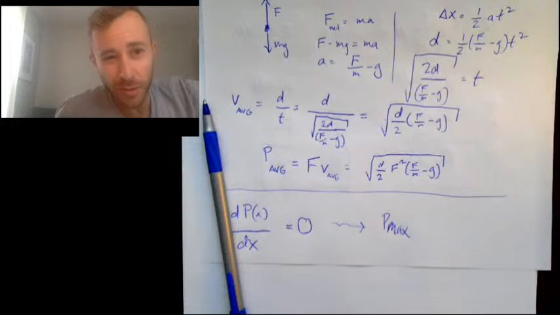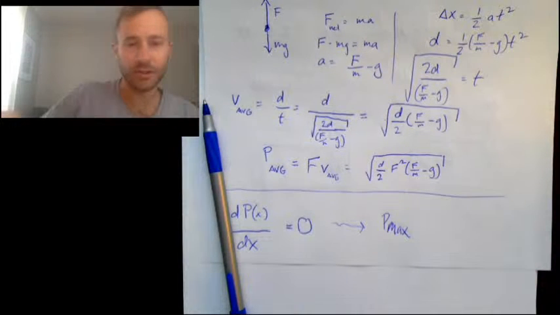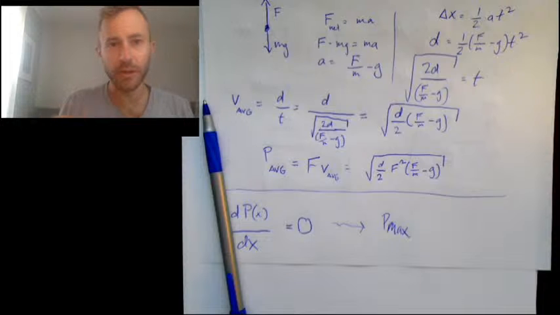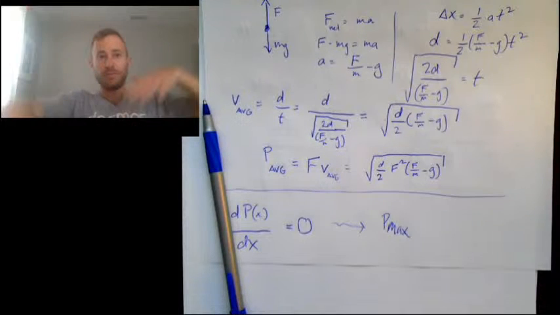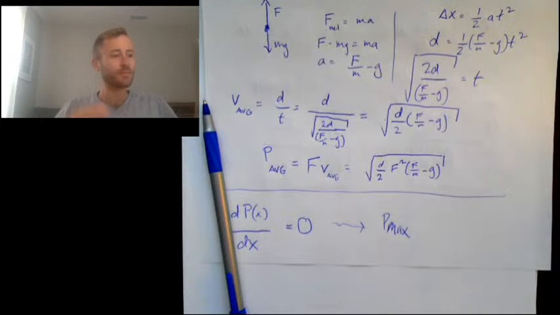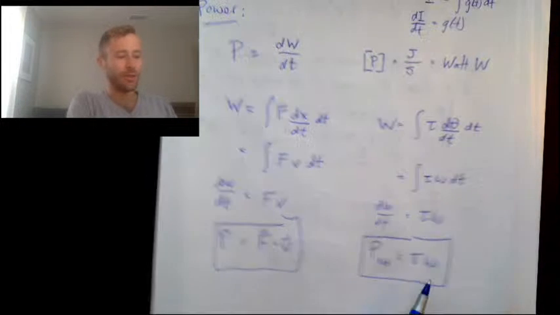This is basically what's going on if you are riding a bicycle or in a car and you're changing the gears. What you're doing is you're changing the gears in the bicycle. You're applying a torque on the pedals. And depending on the gears, that torque is going to get you a different rotation rate.